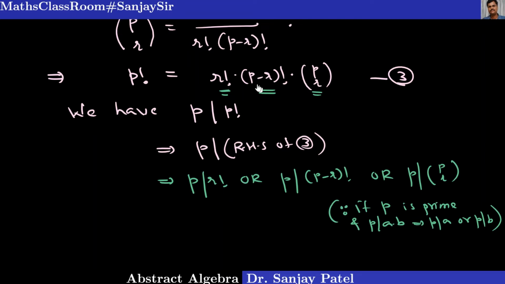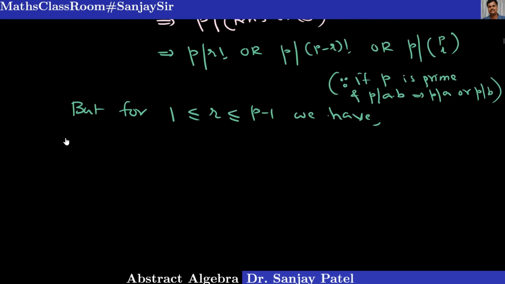So p must divide one of these integers. But for 1 less than or equal to r less than or equal to p minus 1, if the value of r is between 1 and p minus 1, we have p does not divide r factorial, and also p does not divide (p minus r) factorial, which is also less than p minus 1.